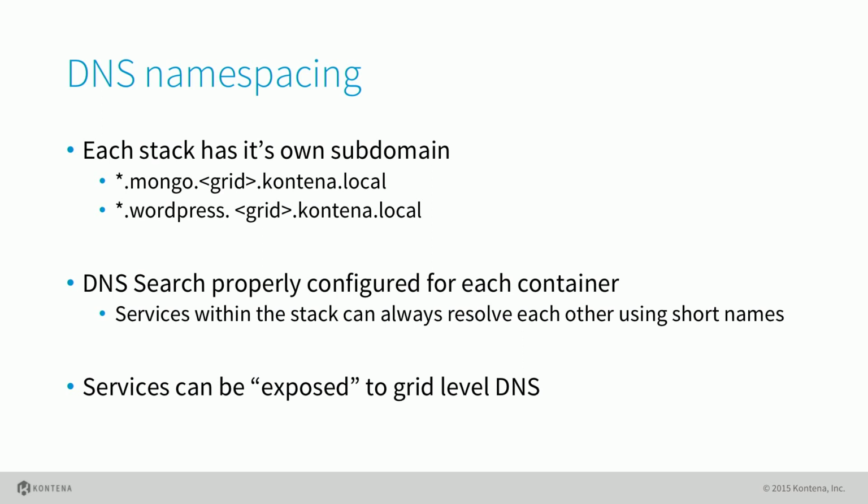And what's even better, for every service and every container that's spun up within the stack, we automatically configure the DNS searches for the containers. So now all the services within the stack can always resolve the other services within the stack just by using the short names. So that makes the configuration and discovery of your stack internal services rather easy.